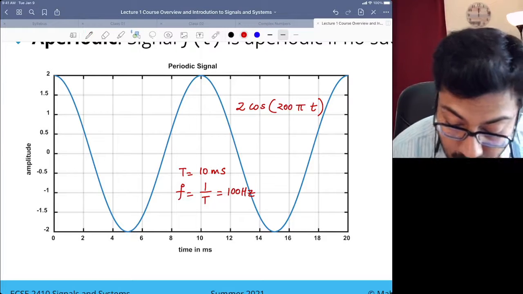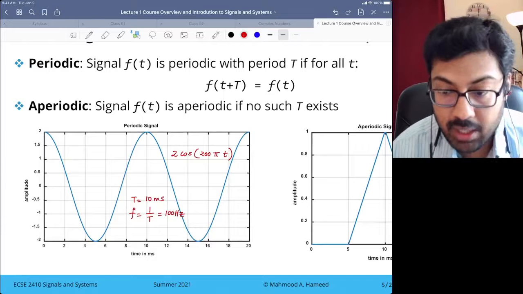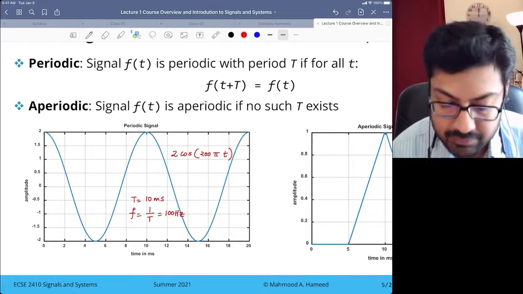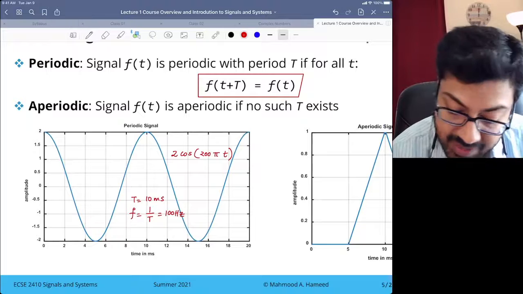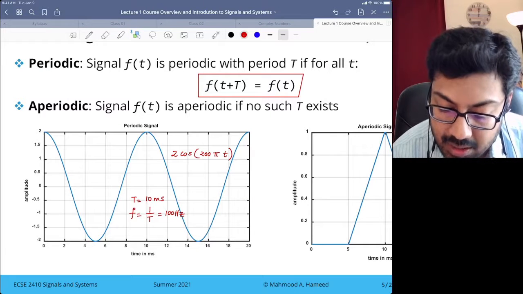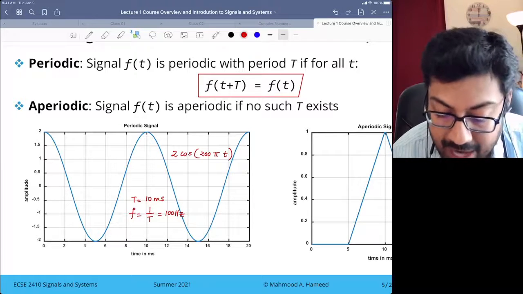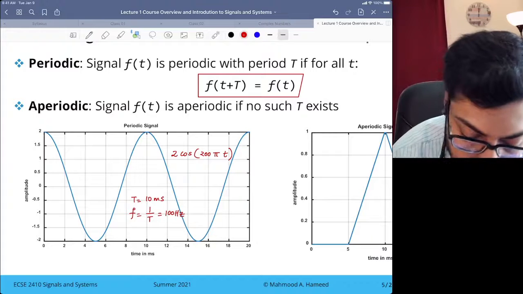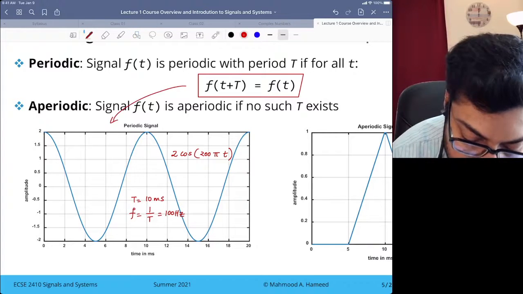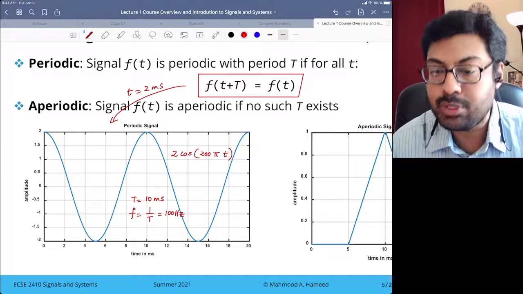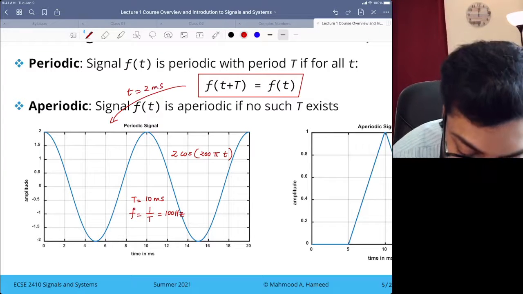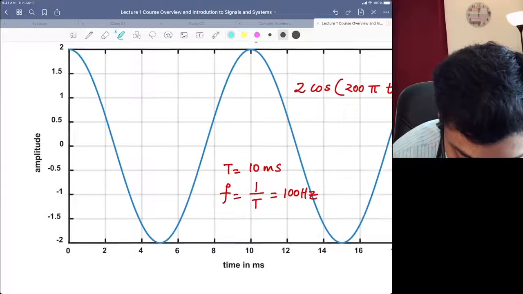So the question is, if I'm calling this periodic, then it has to satisfy that condition, right? Is it? Let's find out. So let's take t to be 2 milliseconds. I'm just taking t to be 2 milliseconds. So where is it? Let's see, 2 milliseconds right here.